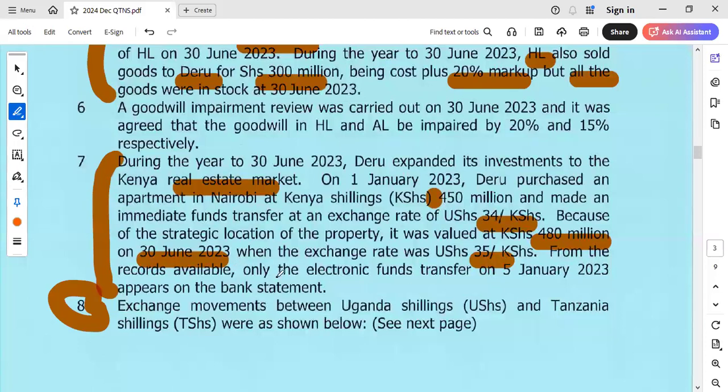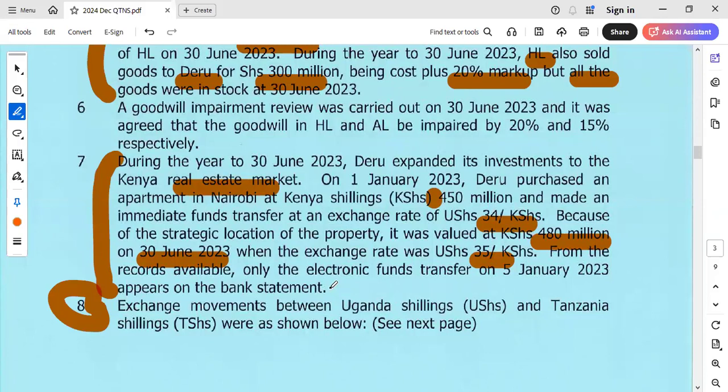From the records available, only the electronic funds transfer on 5th January 2023 appears on the statement. When you see something like that, it means that they have not recorded the other items.